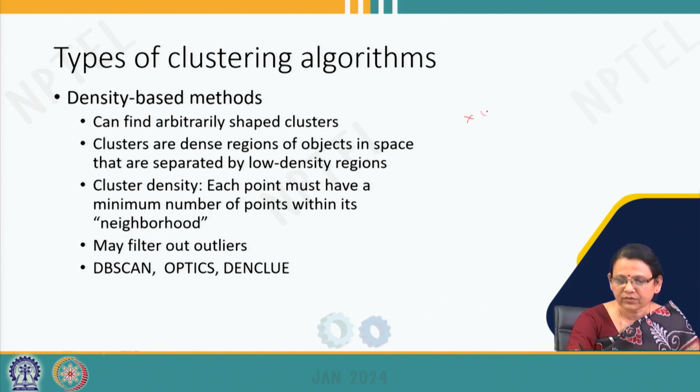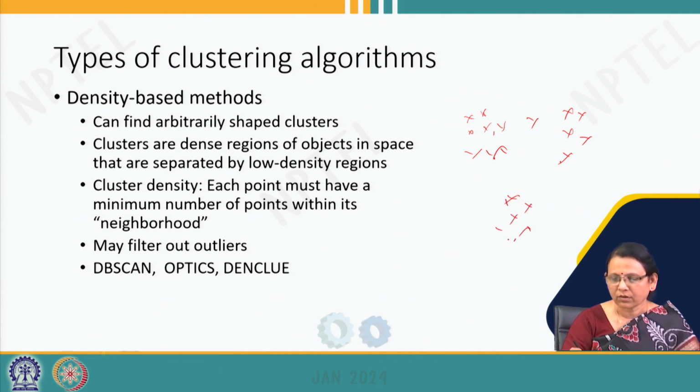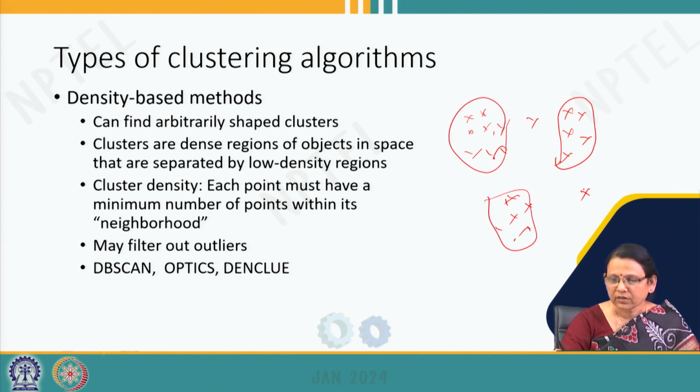Let us say this is our space. So, we may get some cluster like this, because this is a densely populated area, another cluster could be this, another cluster could be this.